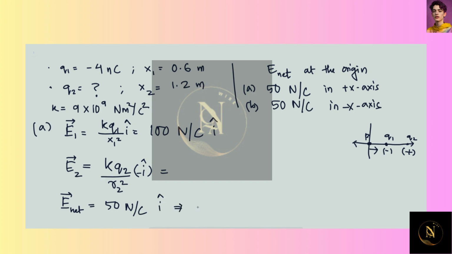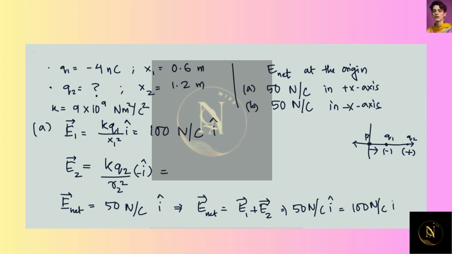By the superposition principle, the net electric field is the vector sum of E1 and E2. So 50 Newton per Coulomb I cap is equal to 100 Newton per Coulomb I cap plus KQ2 over R2 square negative I cap. This is for E2.